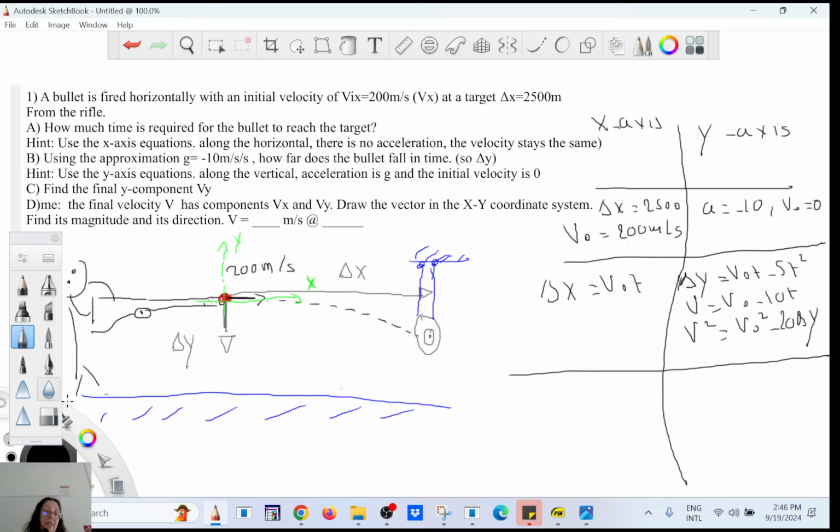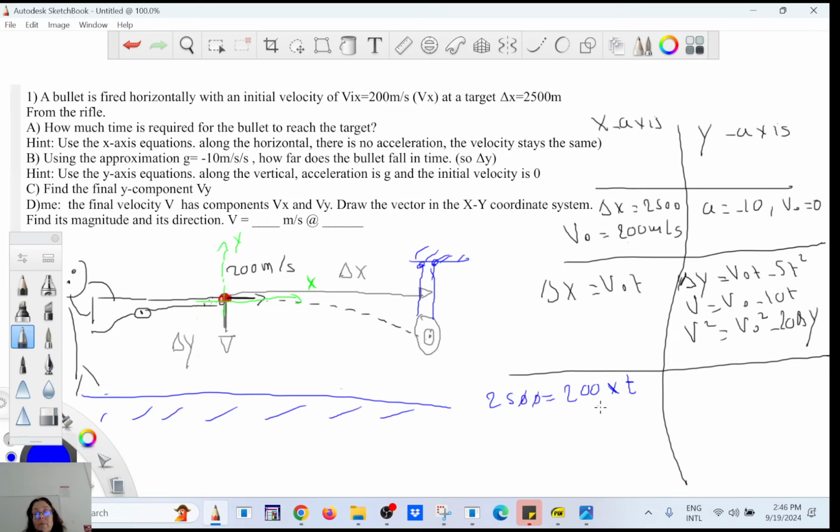Okay, so which equation can I use to find the time? X, very good, the x. Here, you see, 1, 2. I don't have enough, right? So I'm going to have to use the x. So it's going to be 2500 equals 200 times the time.